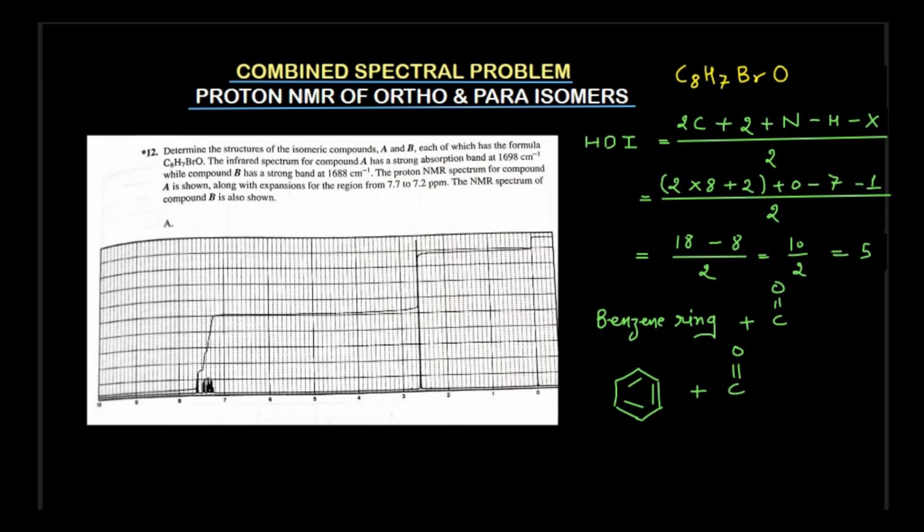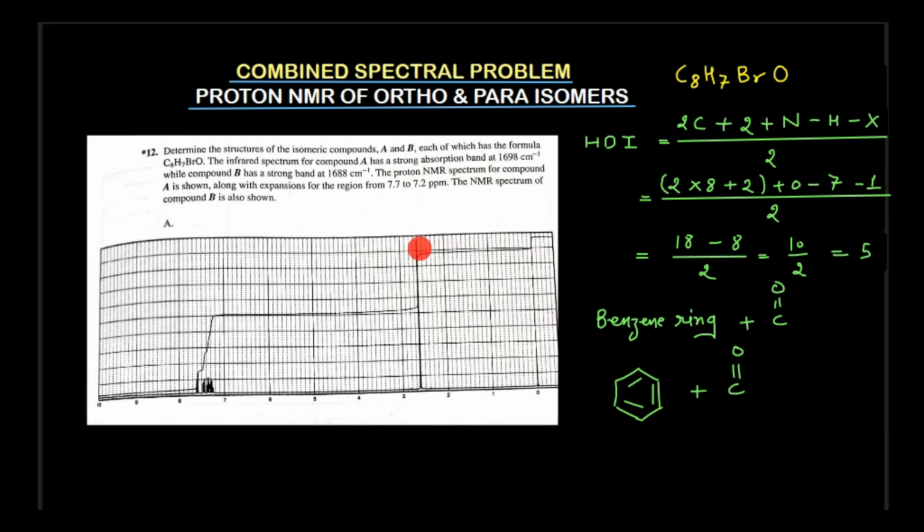So the only possibility you are left with is the presence of the carbonyl group, either in the form of a ketone or in the form of an aldehyde. But the aldehyde possibility we can safely discard, because your aldehyde proton resonates between 9 to 10 ppm. That means if this carbonyl group were an aldehydic carbonyl group, then you must have a signal between 9 to 10 ppm in the proton NMR spectrum, which is absent here. So this compound is not an aldehyde, it is simply a ketone.